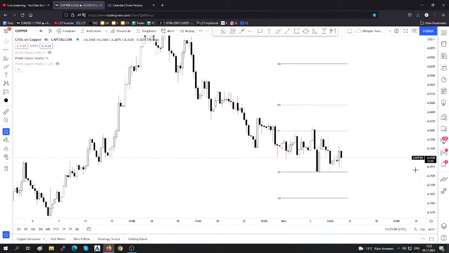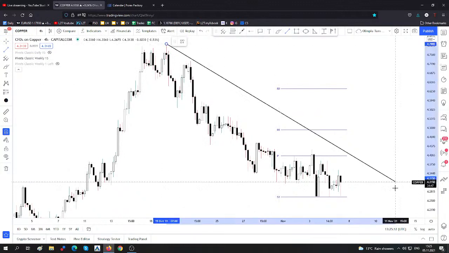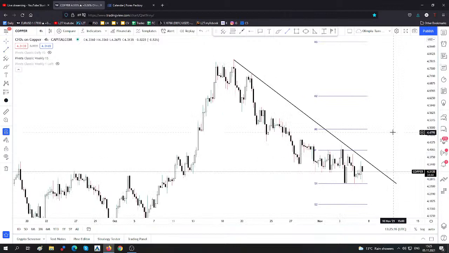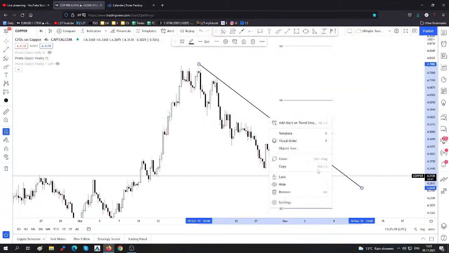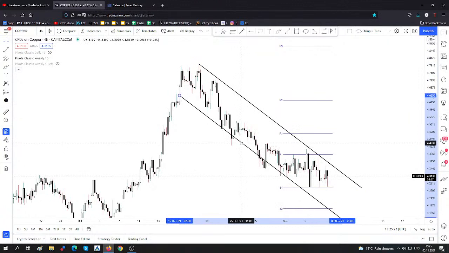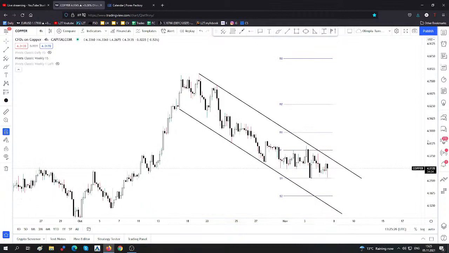You can see that it has found some support here around the weekly S1, 4.2635. And I believe that maybe something like this or like this. So something like a down channel.